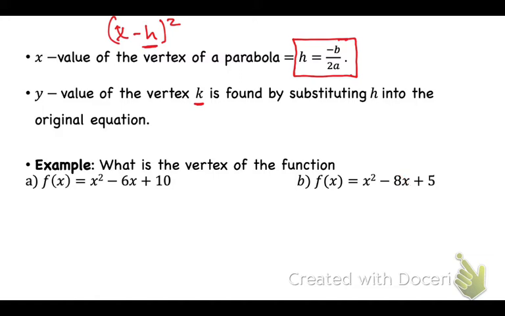So to find the y value, you substitute h into the original equation, because the vertex is (h, k), correct? So you plug in an h and you get out a k. You plug in an x, you get out a y. Yes?